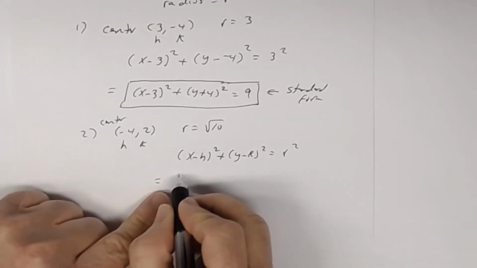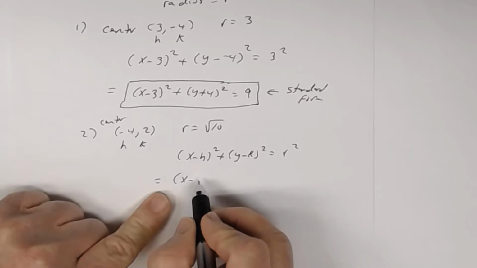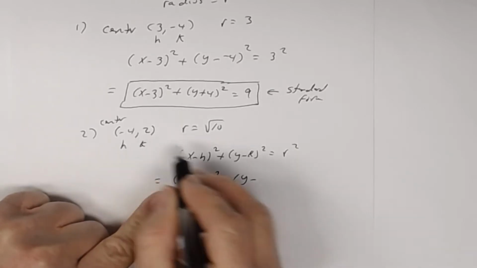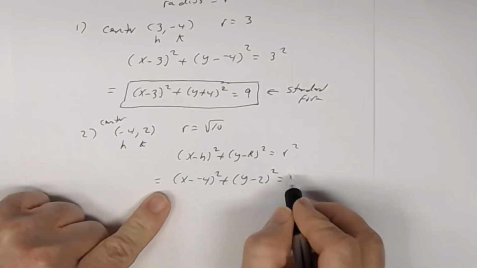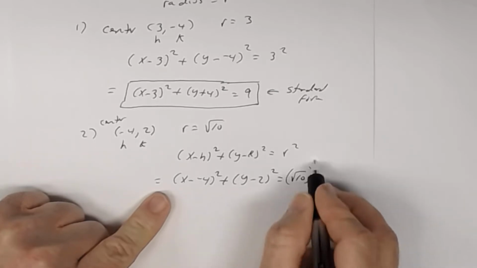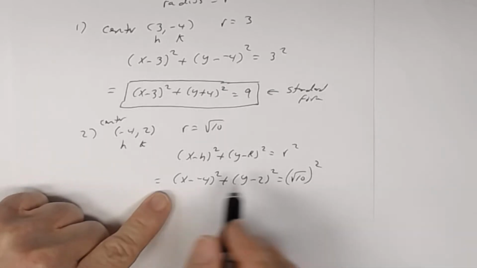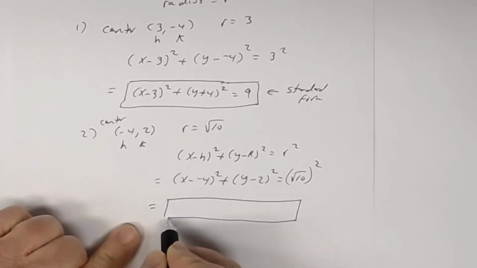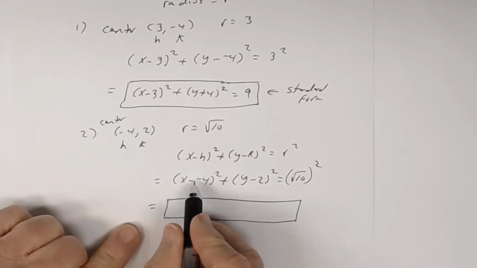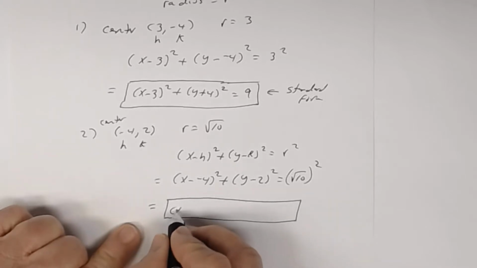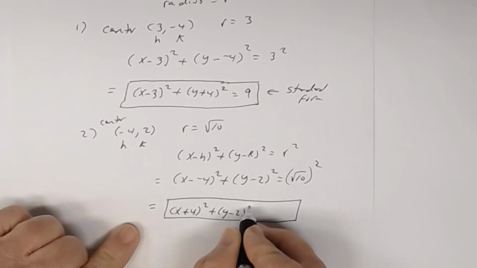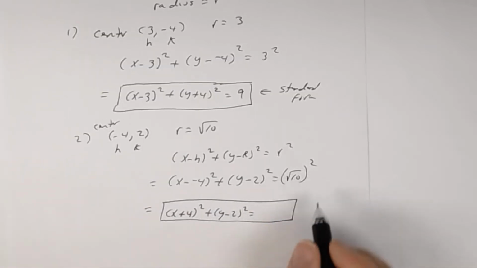So you're going to say (x - (-4))^2 + (y - 2)^2 = (square root of 10)^2. Now remember, rewrite it. Don't leave it like that; you want to get all your points. x subtract a negative 4 means (x + 4)^2, and then (y - 2)^2.